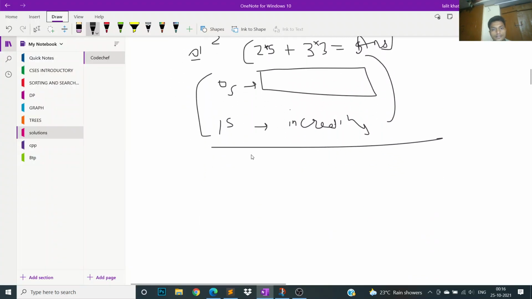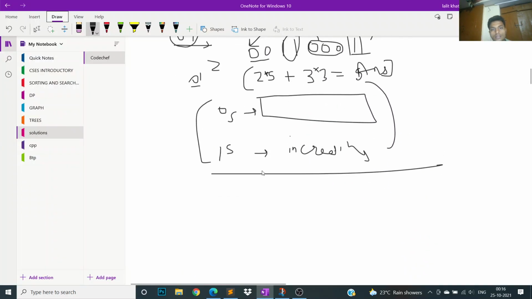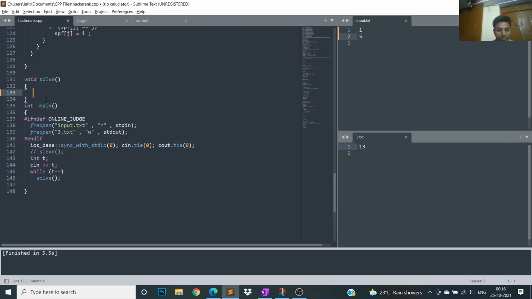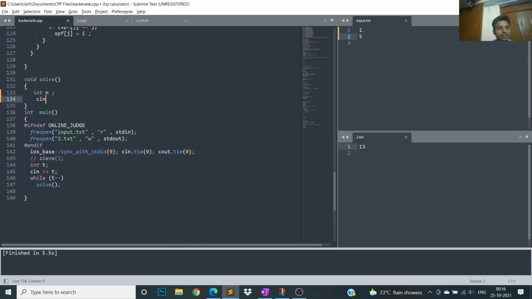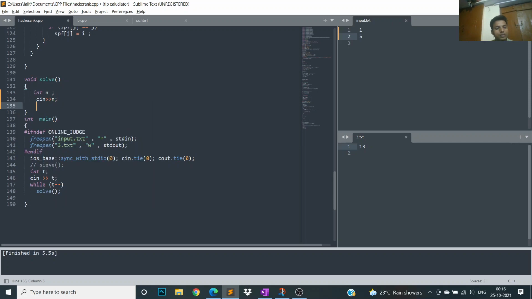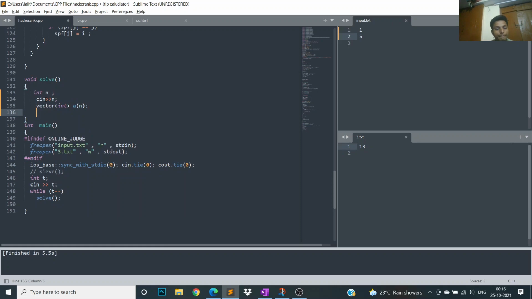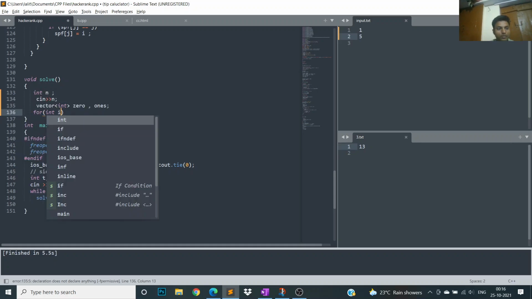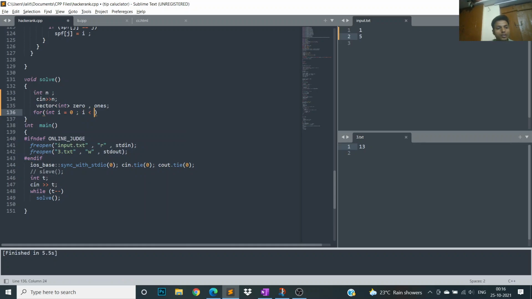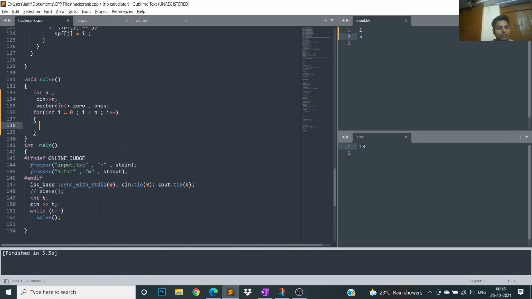Yeah, so you just take int n, cin n, and a vector of type int a of n, or you may just take zeros and ones. Okay, so for i equal to 0, i less than n, i plus plus.